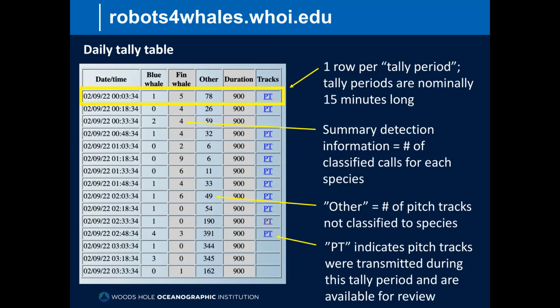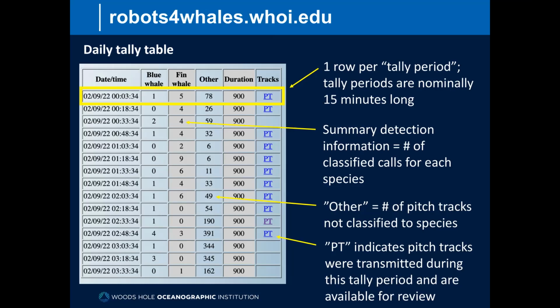So you get one row for every tally period, and it tells you the total number of auto detections during that period for the different species. In this case, just blue and fins. The other column is how many pitch tracks have been sent that are not classified as blue whales or fin whales, so it could be another species.